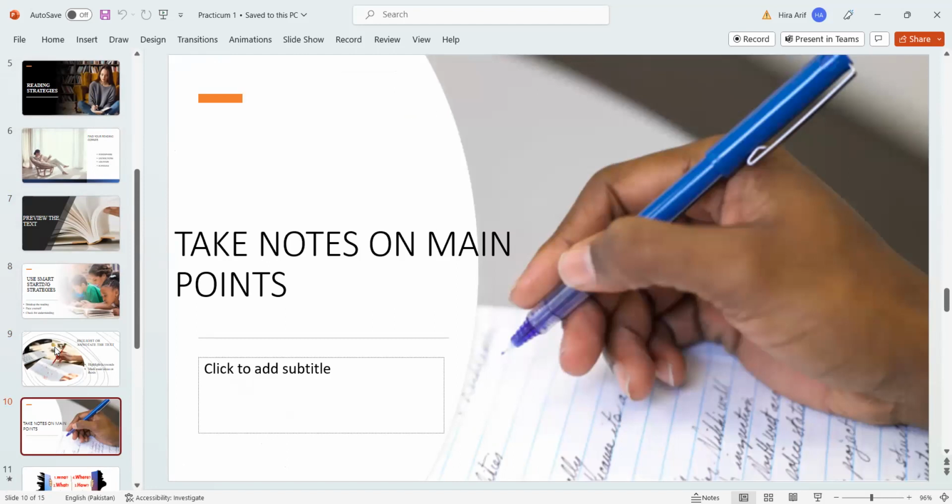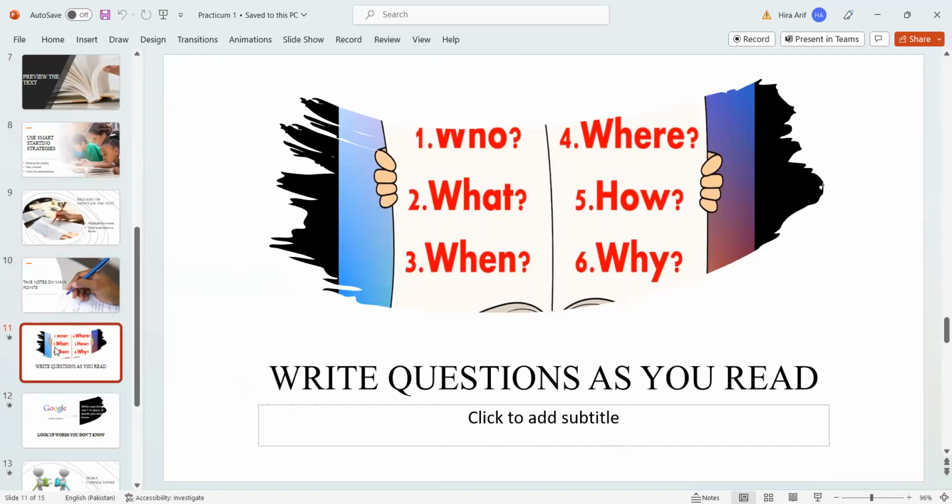Another important strategy is to take notes on main points when you're reading, and write questions as you read, like who, where, what, how, when, why. Write whatever questions come to your mind when you're reading something.